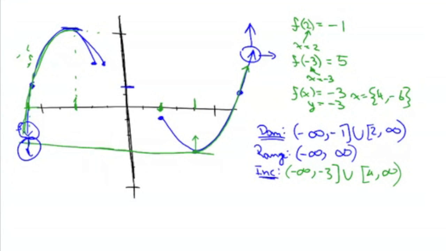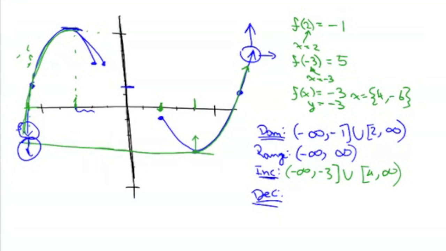All right, so what's that leave for decreasing? Well, the rest of the domain, so from where to where? Negative 3 to? Negative 3 to negative 1.